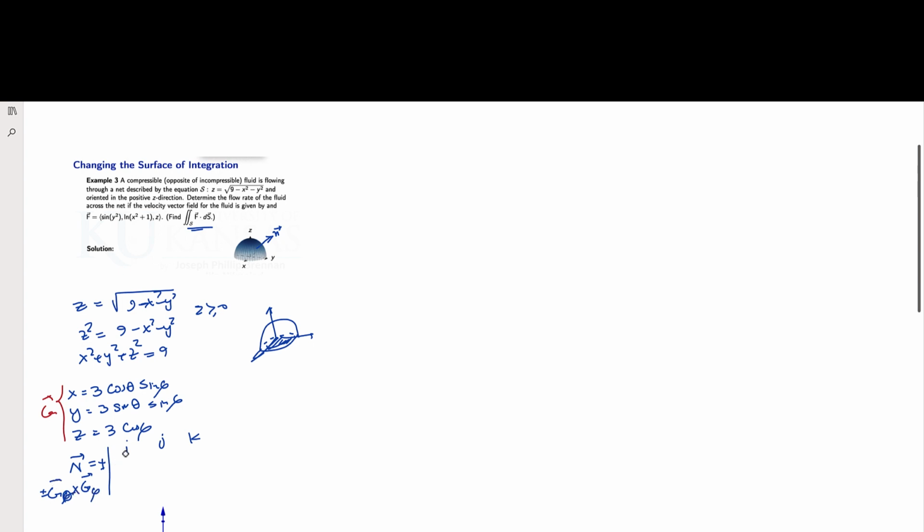And computation-wise, we should never try this because it's very time consuming.